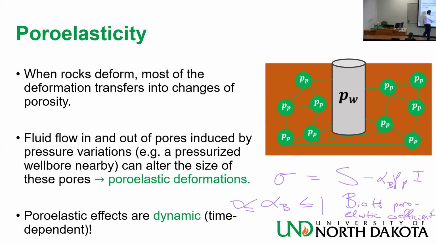But the closer you are to 1, the closer you are to a rock that doesn't deform at all, the pores stay as they are. Okay, change the pressure as much as you want, it will be fine. The closer you are to 0 is a rock that deforms entirely.